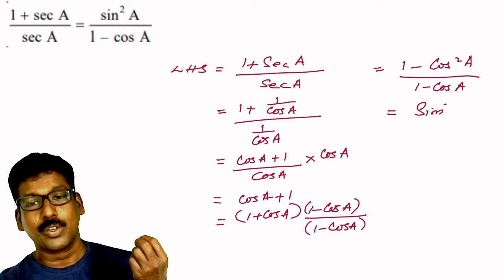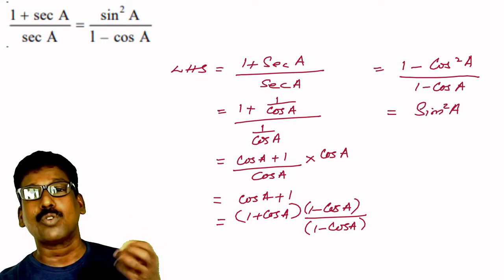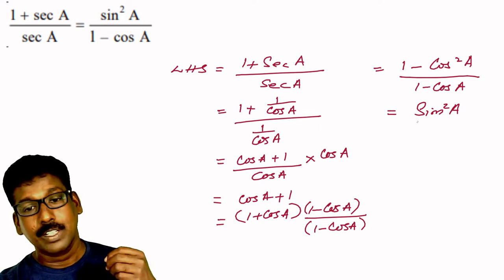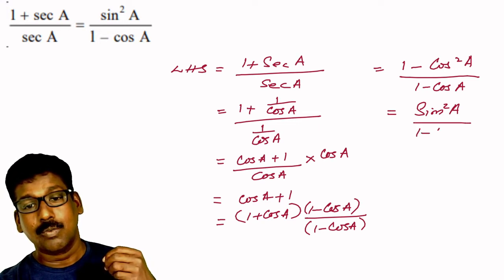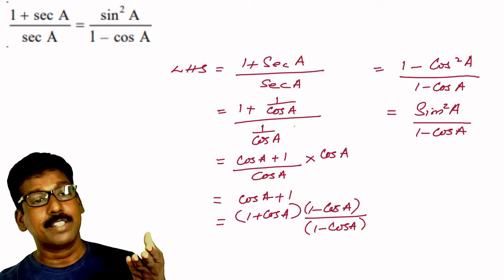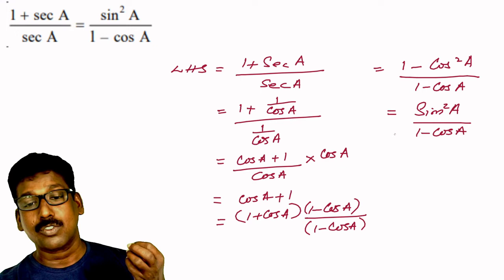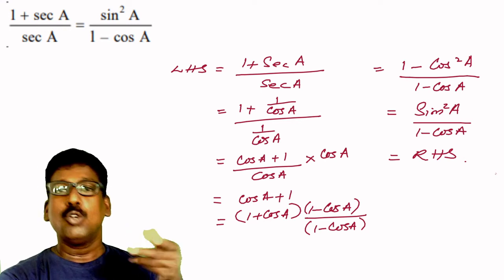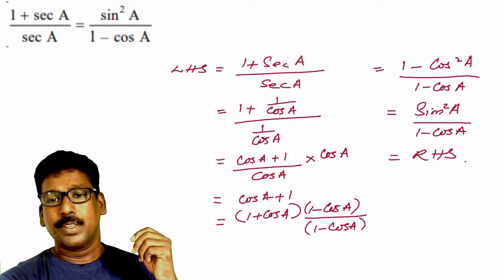It is sin square A, because sin square A plus cos square A is equal to 1. So it is sin square A by 1 minus cos A. Look at the RHS of the question, it is sin square A by 1 minus cos A. So LHS is equal to RHS. Hence it is proved.